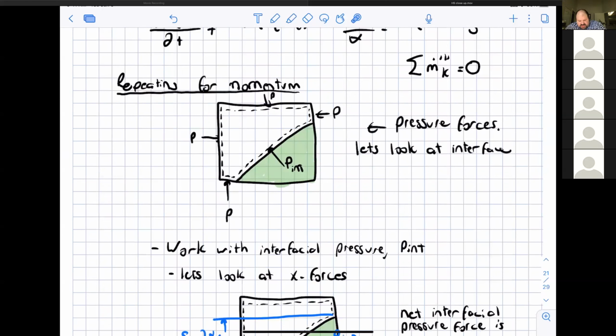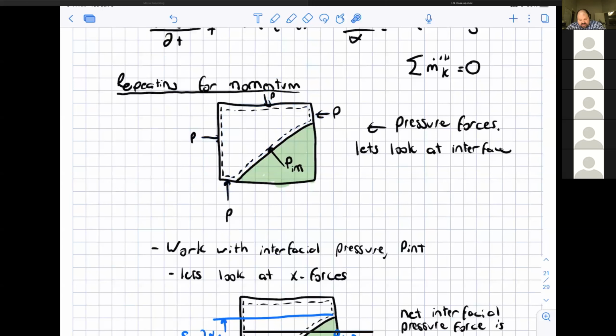So if you're doing the gas phase, a control volume on the gas phase, and you want to sum up all the pressure forces, you have pressure pushing over here, pressure pushing over here, pressure pushing over here, and pressure pushing over here.